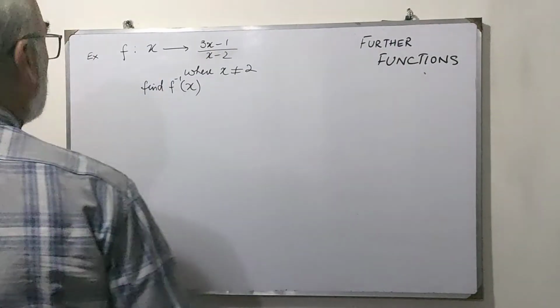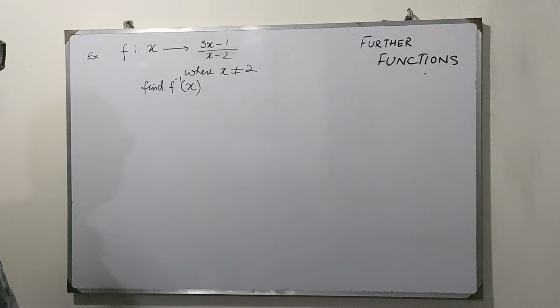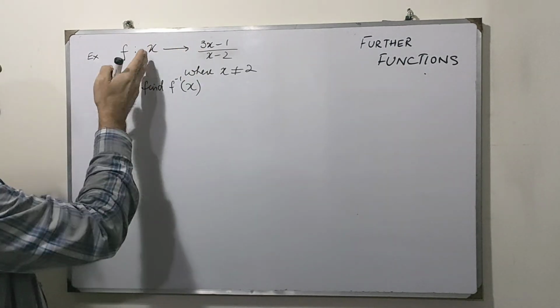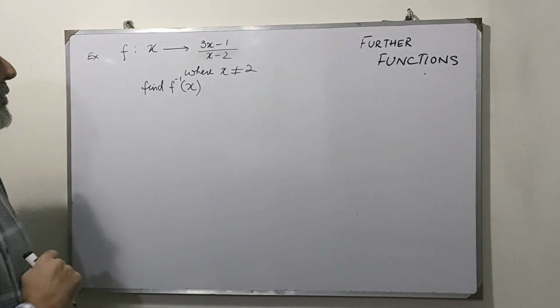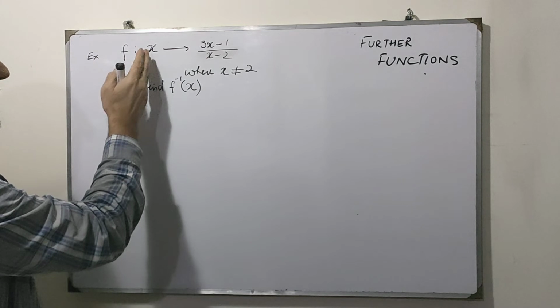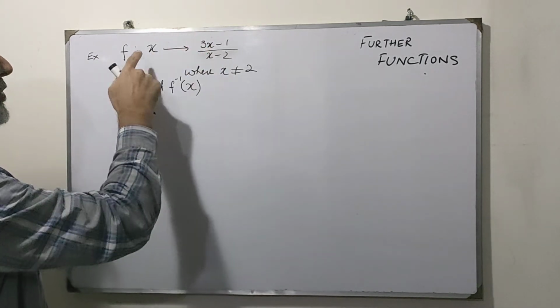Okay, here we have another example. Function from x to (3x minus 1) divided by (x minus 2).